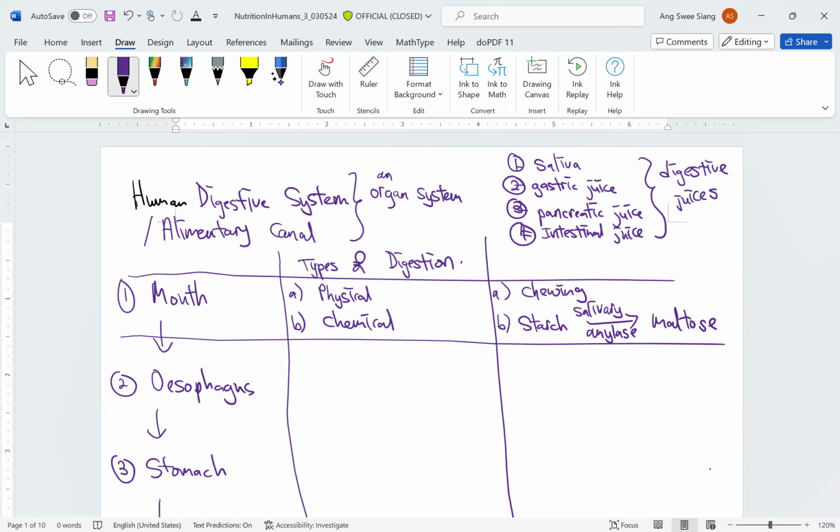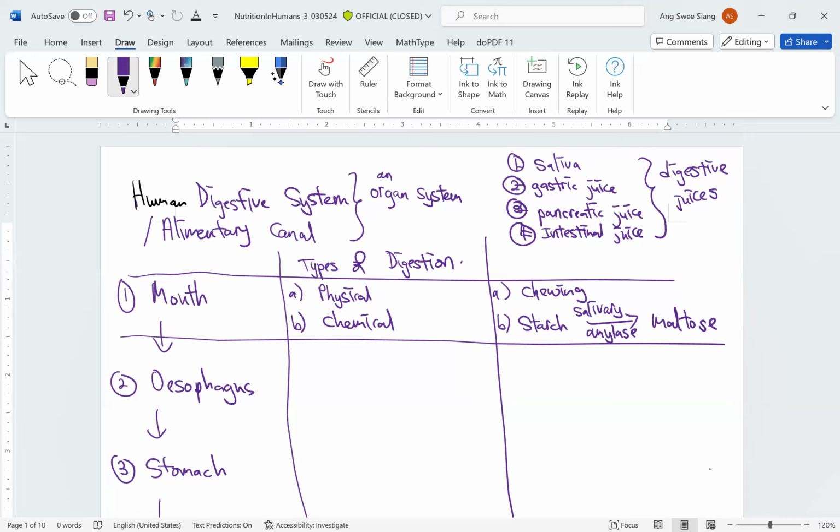In the mouth, you have saliva. The amylase found in saliva we call salivary amylase. There is another amylase found in the pancreatic juice, which we will call pancreatic amylase. So these are the two places you will find amylase. It's good to differentiate them because their optimum pH is different.